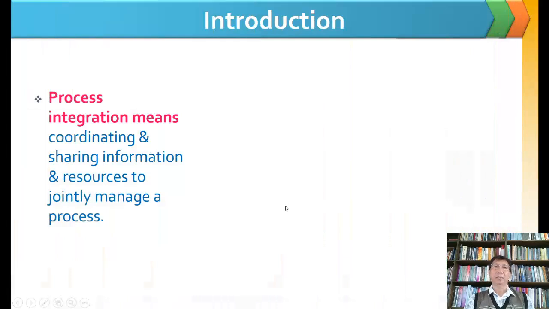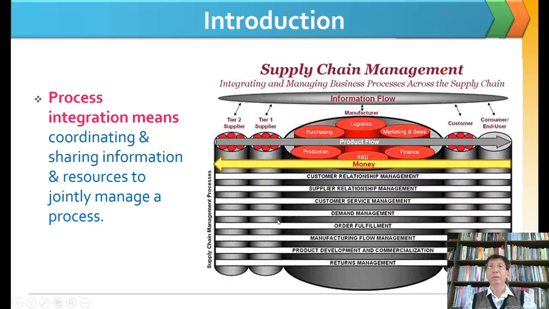What does process integration mean? It is coordinating and sharing information and, of course, resources to jointly manage a process. Looking at this figure in the supply chain, there are three flows in the supply chain that must be managed and shared.